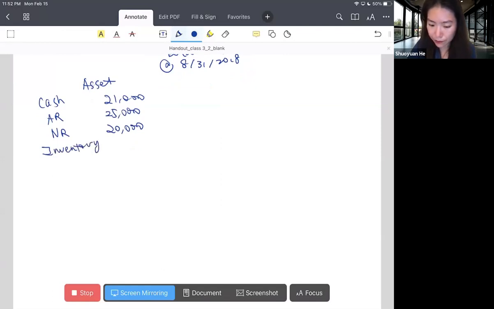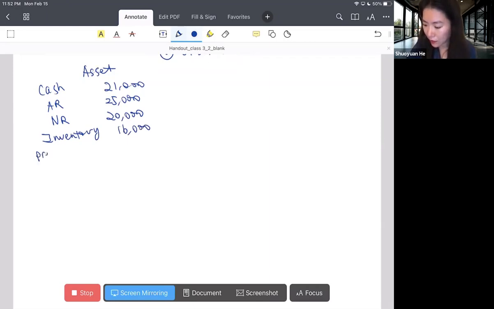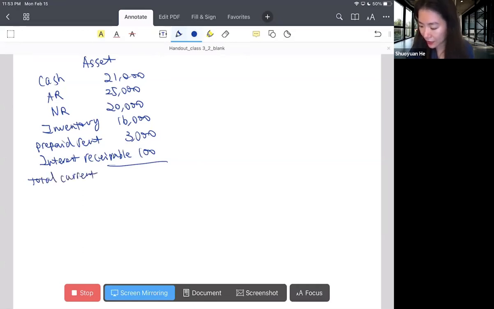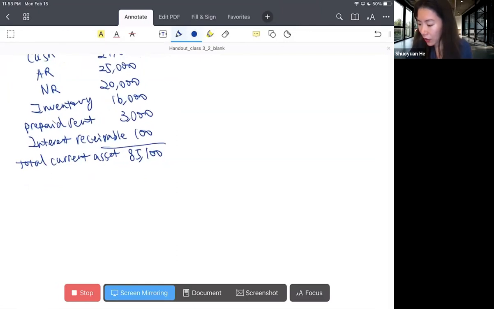Inventory, 16,000. Prepaid rent, 3,000. Interest receivable, 100. And that is our total current asset. So that totals to 85,100. And then we have our long-term asset.